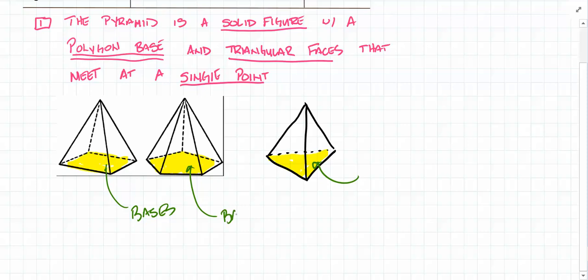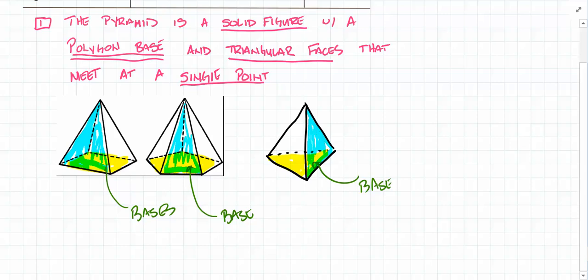That's the base, kind of like where the pyramid sits. And then the triangular faces. I'll highlight one of them for you, like this front face here. This front face of this pyramid is a triangle. And this face over here is also a triangle. So the faces are triangles.